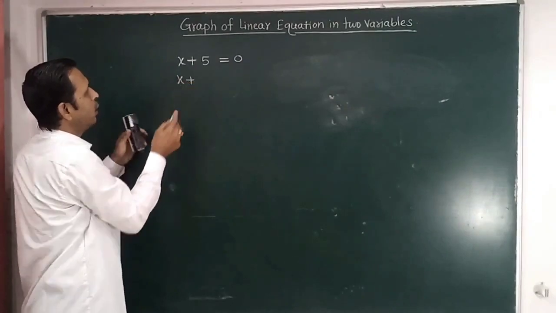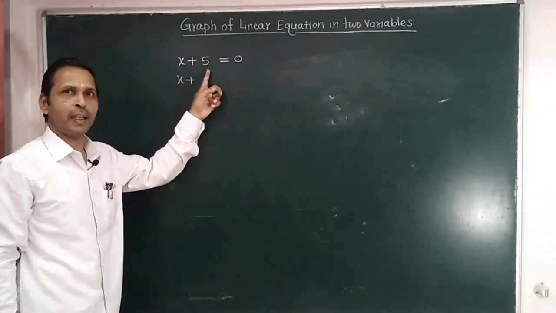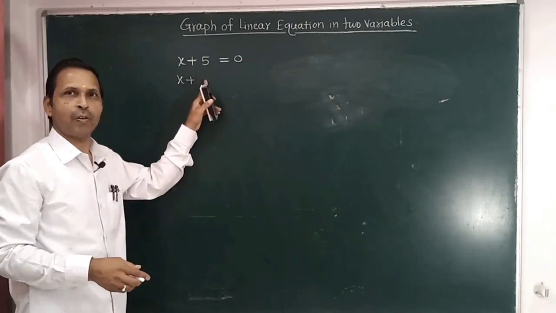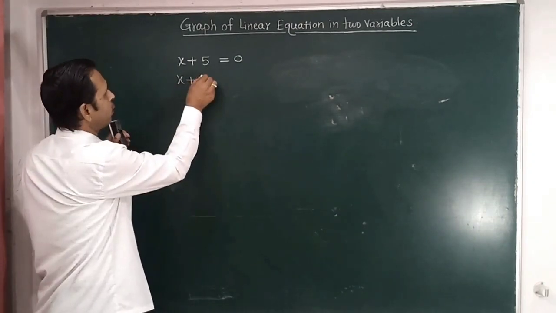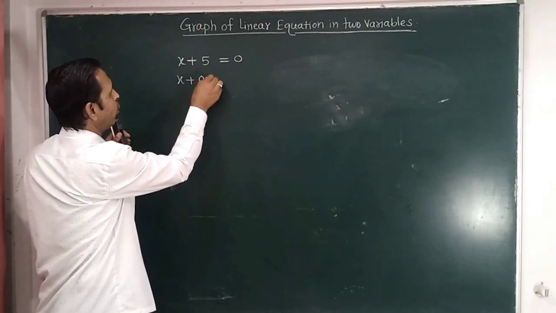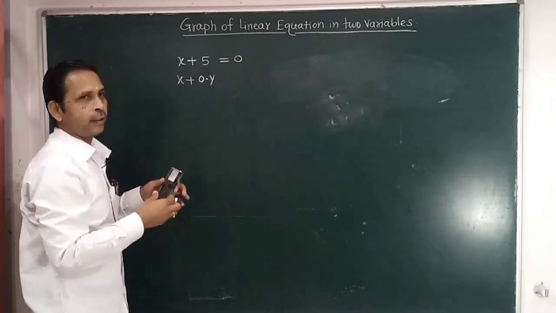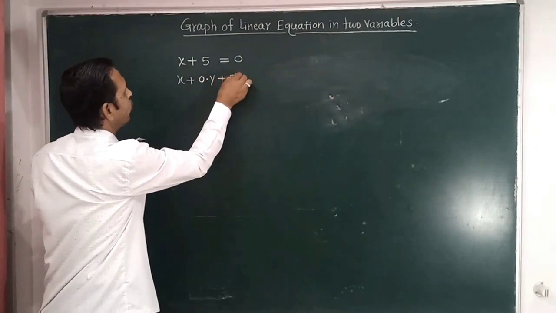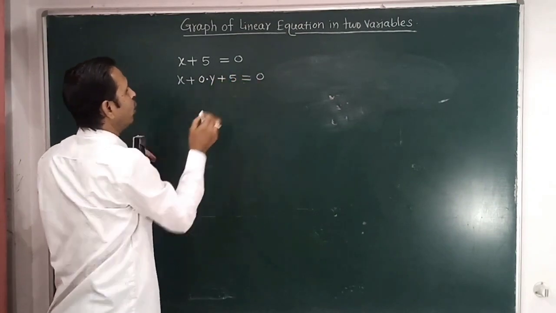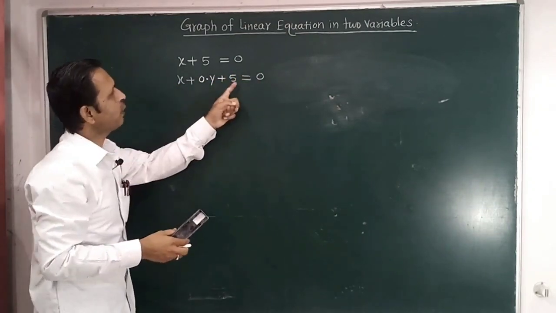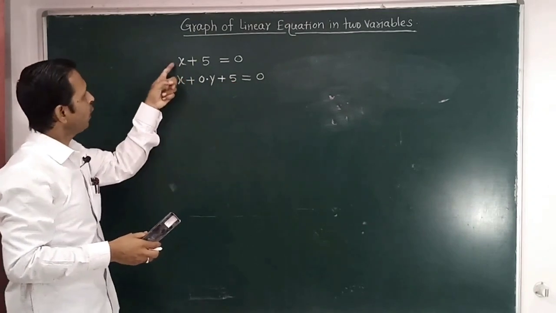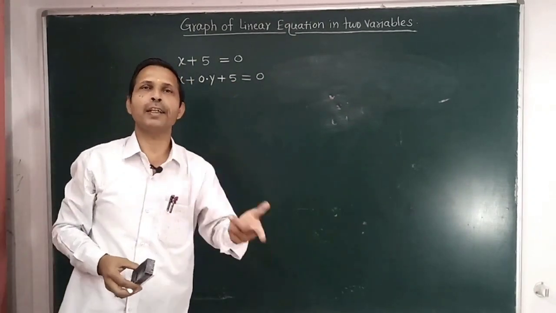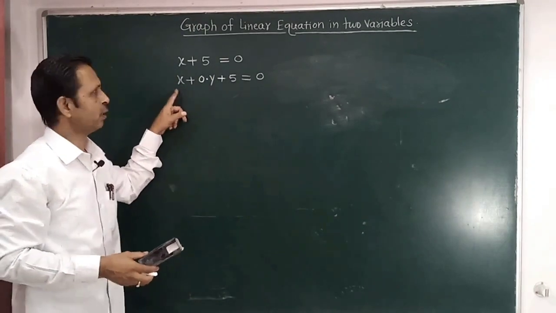x plus, there is no other variable than x, so we put the variable y here with 0 into y, that is 0, plus 5 is equal to 0. Now this is the linear equation in two variables; we converted the linear equation in one variable into a linear equation in two variables.